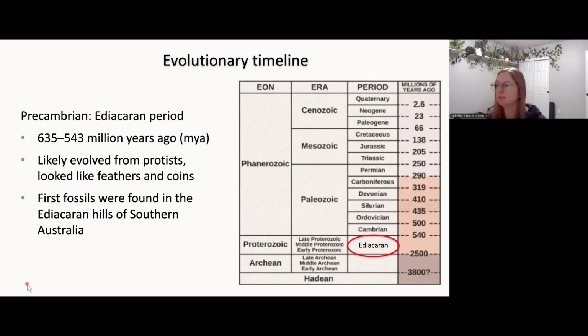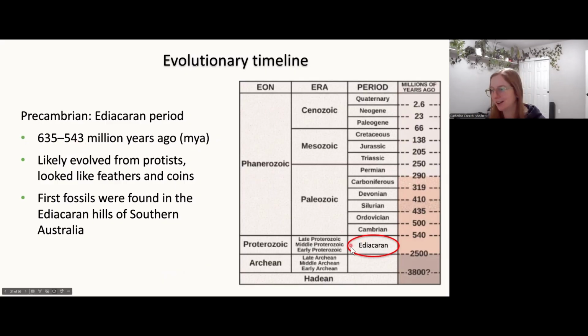Everything that happened before the Cambrian period, here's the Cambrian period, we call the, say it to yourself, pronounce every vowel, Ediacaran. So the Ediacaran period. This was 635 to 543 million years ago.